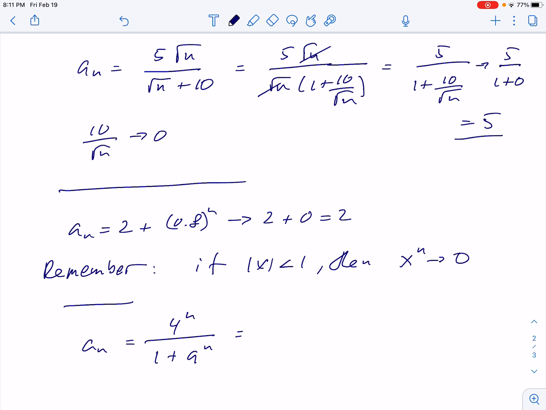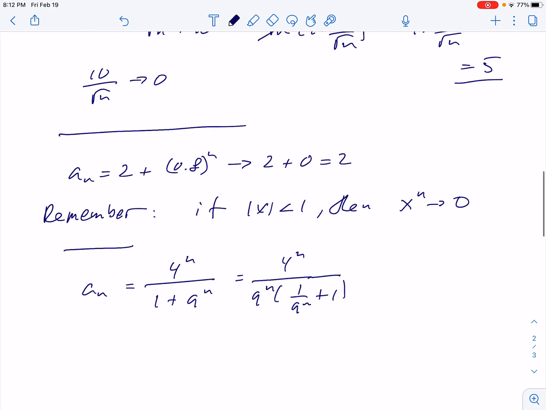When we have exponentials with different bases here, we factor the fastest growing terms. So we shall factor 9 to the power n from the denominator. On the top, there is nothing to do, but here I shall write 9 to the power n in front, and there will be 1 over 9 to the power n plus 1, like that.